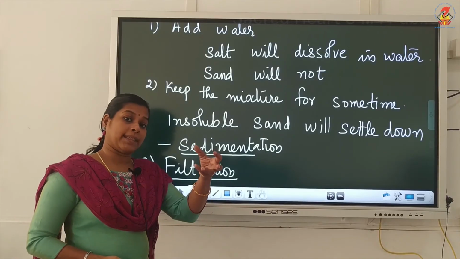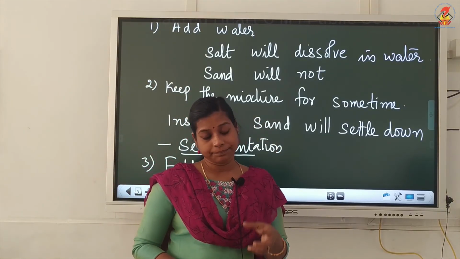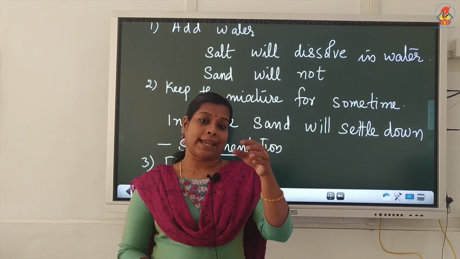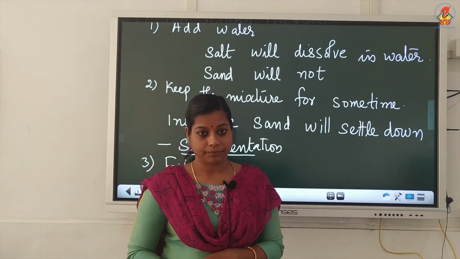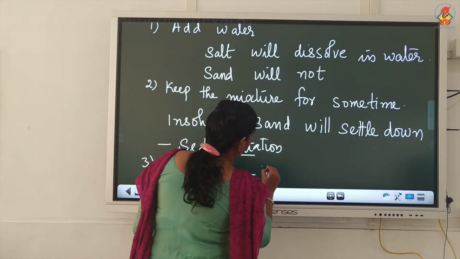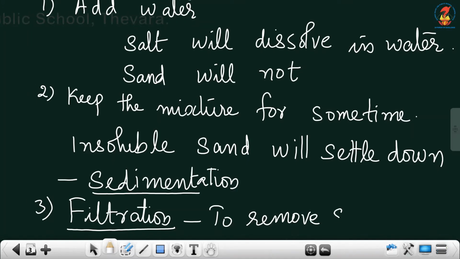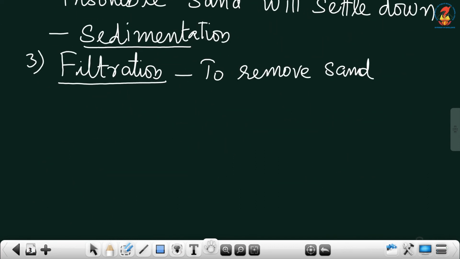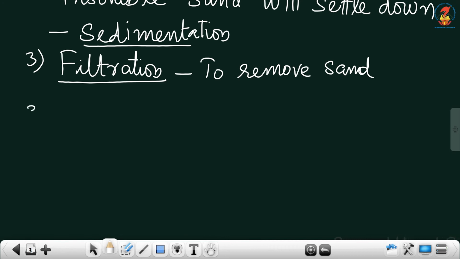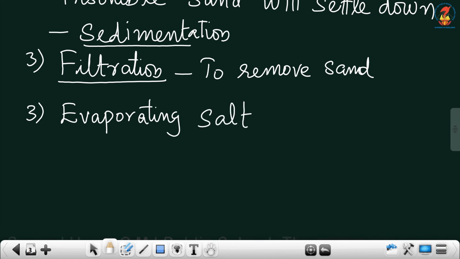During filtration, we pour the water through a filter paper, so that sand will be trapped in the filter paper and water will go down. Filtration removes the sand. Then we take that salt water and evaporate it.